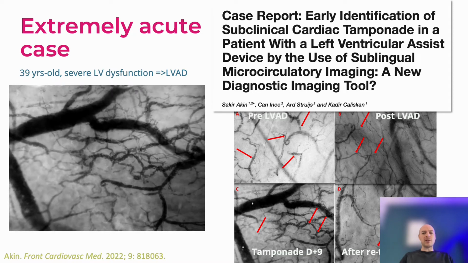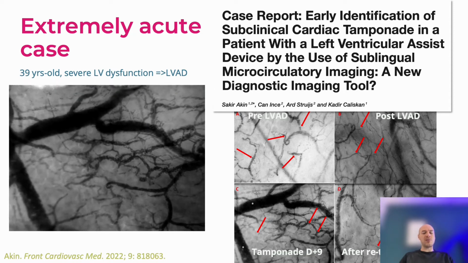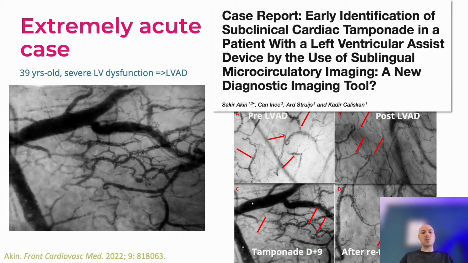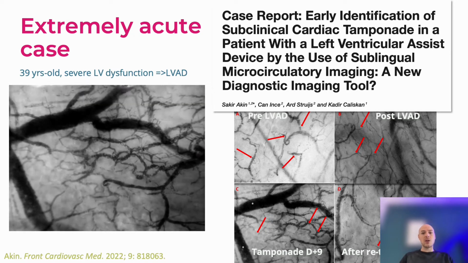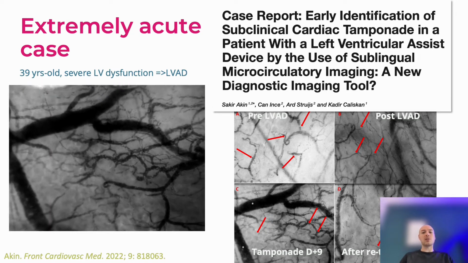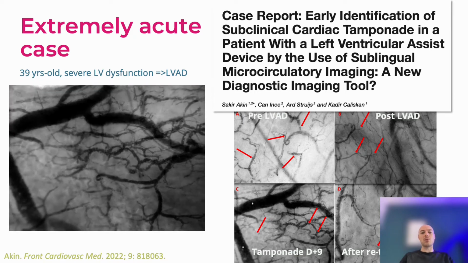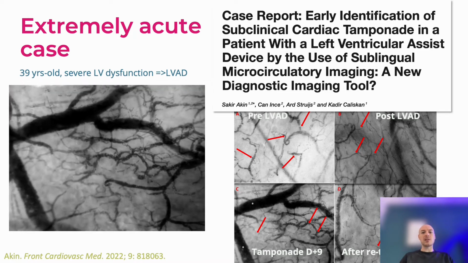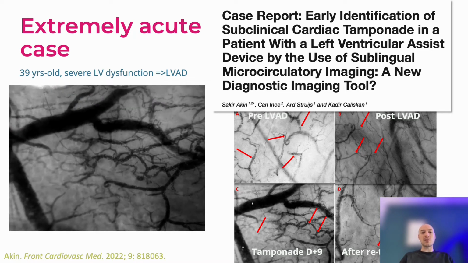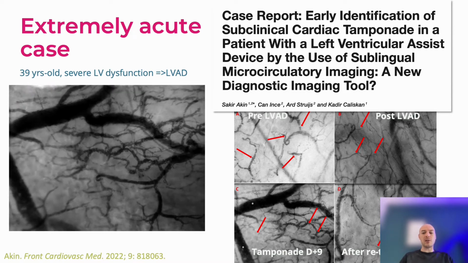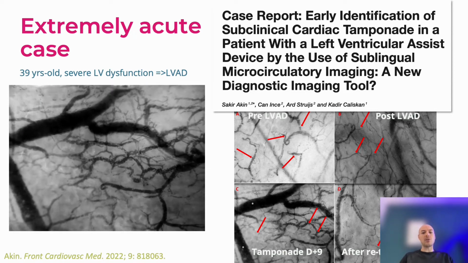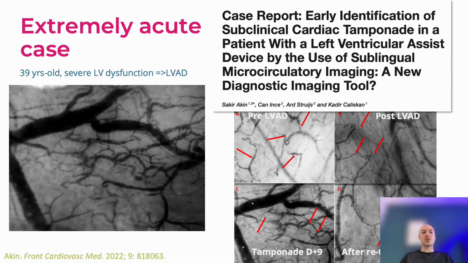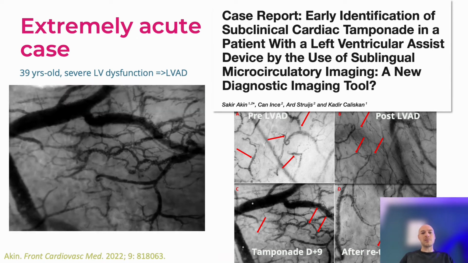The early postoperative course was uneventful, but on postoperative day 10, this HVM clip was obtained while the patient was in stable clinical condition with otherwise normal LVAD parameters. In this video clip, you can see an obvious stasis of the red blood cells with very enlarged venules. Later on, the patient deteriorated and required a reoperation because of hematoma and tamponade.